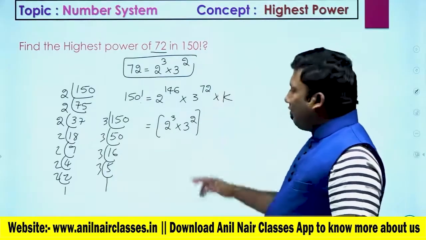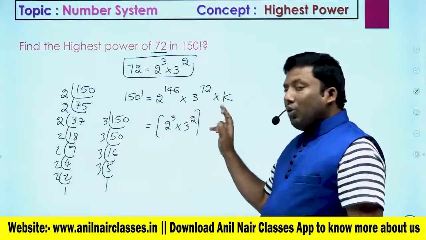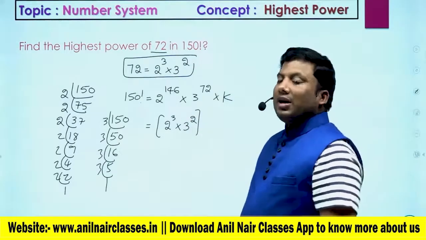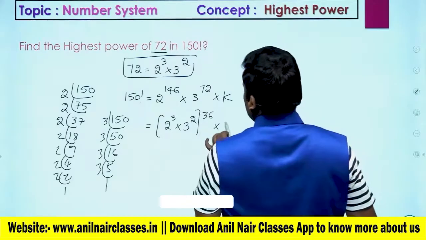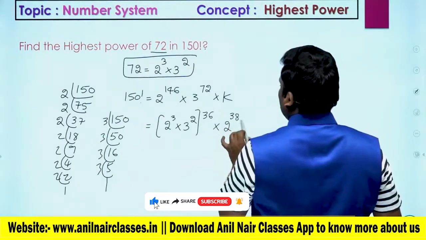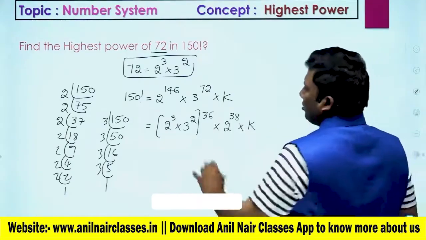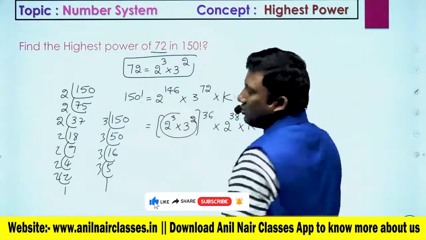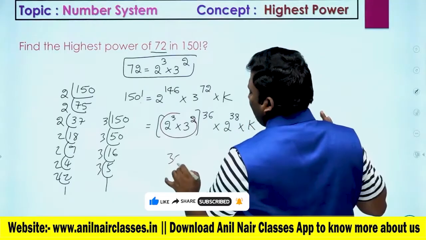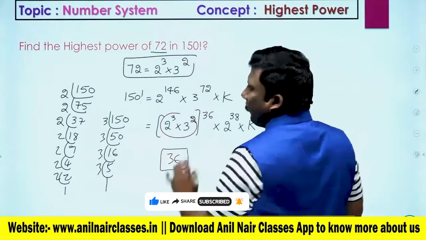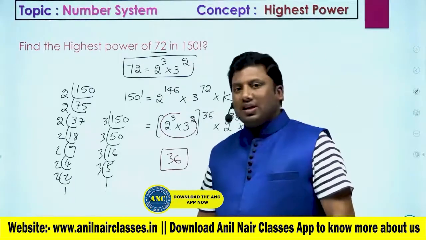I can easily fulfill that. 3 square goes 36 times in 72. So the answer is 72 power 36 into 2 power 38 into k. Highest power of 72 in 150 factorial, the answer will be 36.